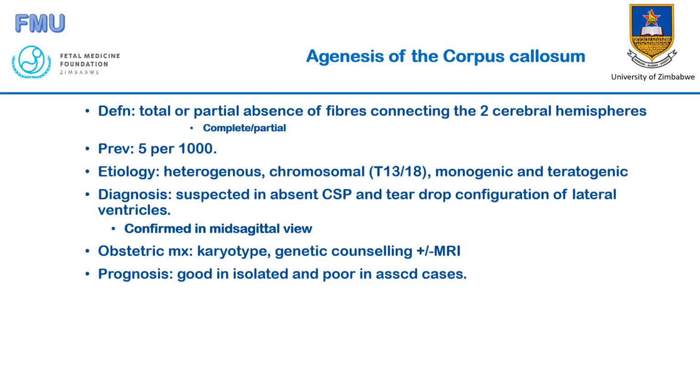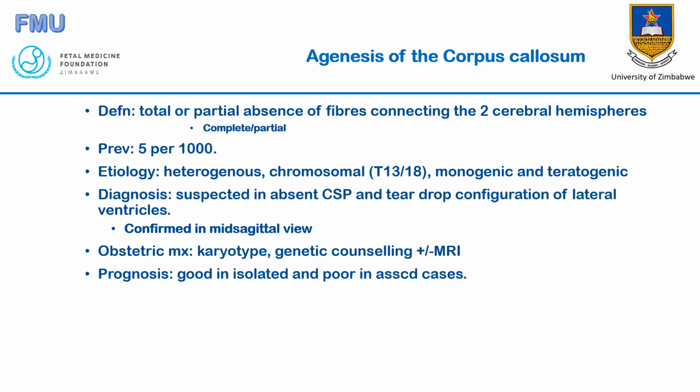So the next condition we are going to talk about is agenesis of the corpus callosum. As some of you may be aware, we've got two brain hemispheres, the right and the left cerebrum. There are connecting fibers that link the two sides of the brain.